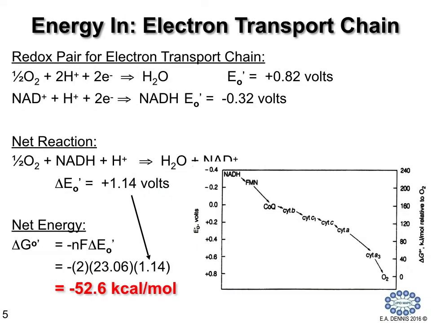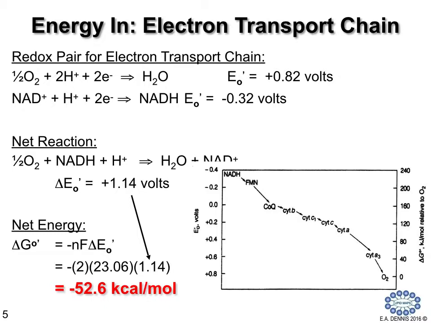The free energy change for a half of an O2 molecule to pick up a H plus and a hydride, an H minus, or two H pluses and two electrons is 0.82 volts.